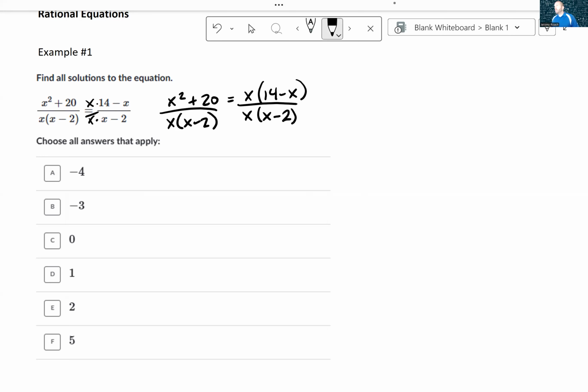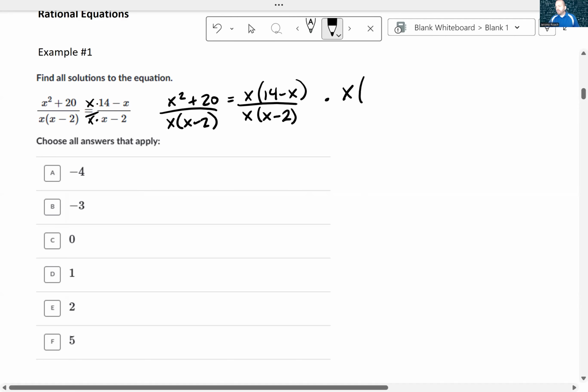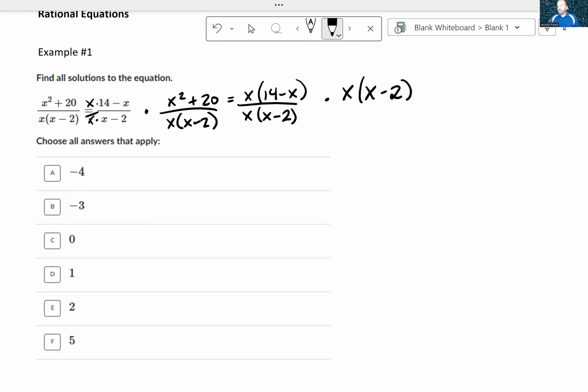Now we have the same denominator, and this simplifies our equation tremendously. When we have the same denominator, we can just get rid of the denominator. The reason is, if we multiply this side by x times quantity x minus 2, we have to multiply the other side by x times quantity x minus 2.